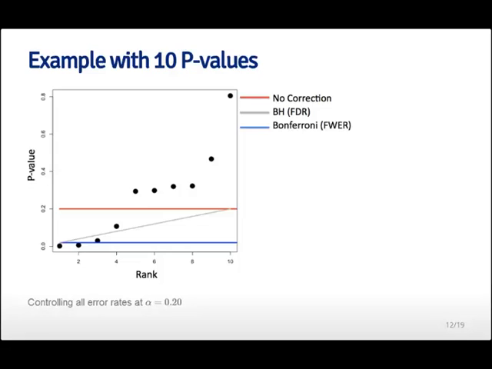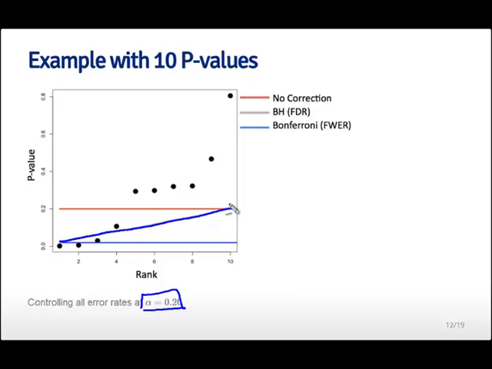So the next thing to look at is the false discovery rate. This is controlling the proportion of false positives at a level of 0.2. In other words, we expect about 20% of all the results we call significant to be false positives. The way that this is calculated is by following this gray line.